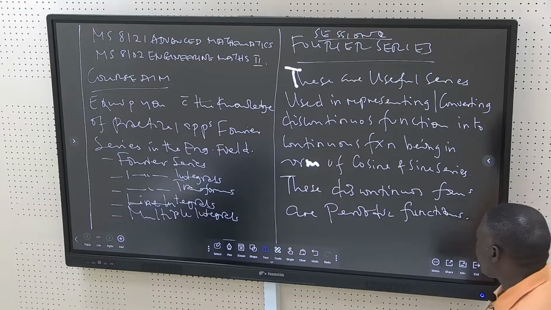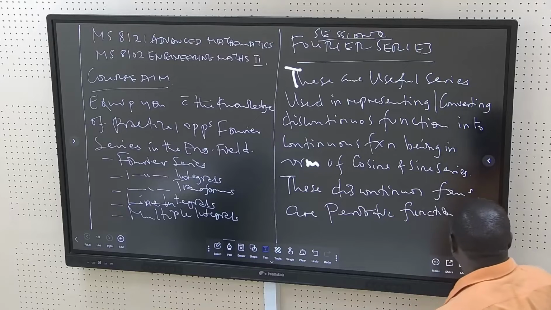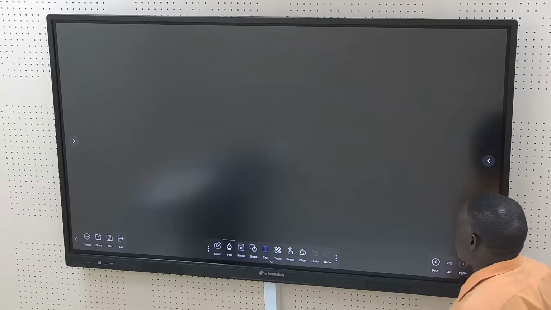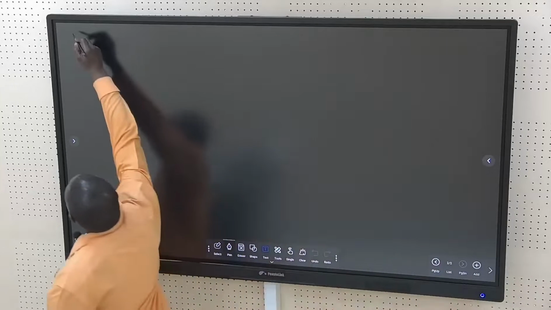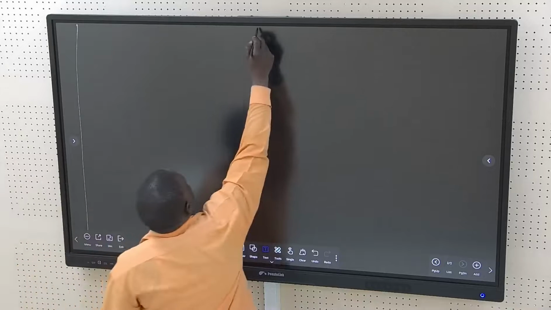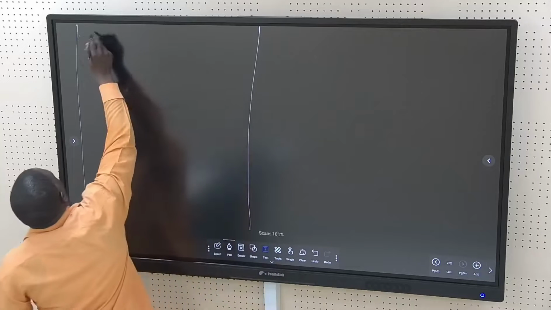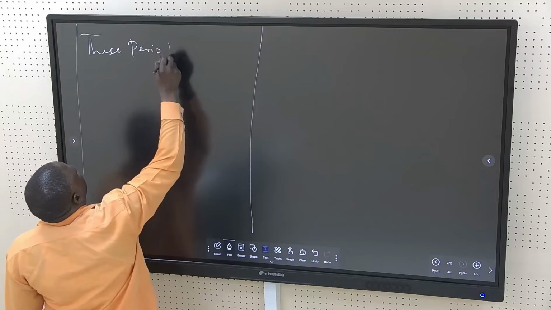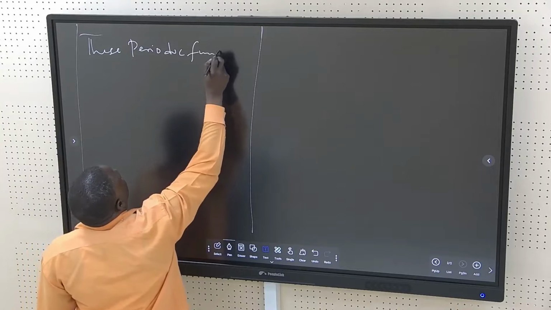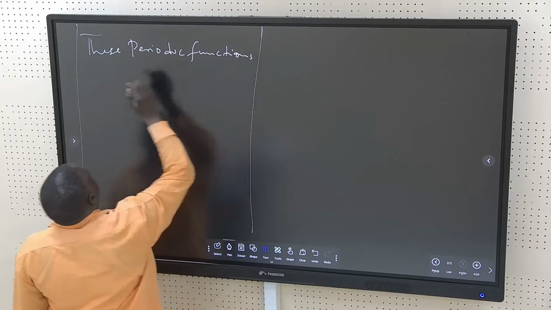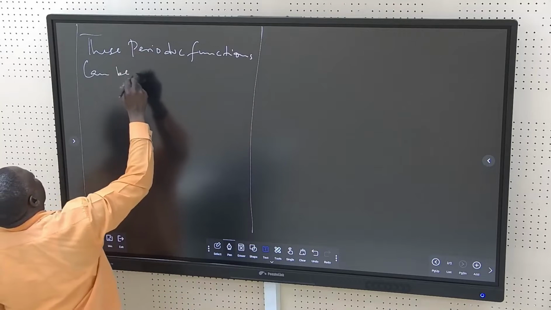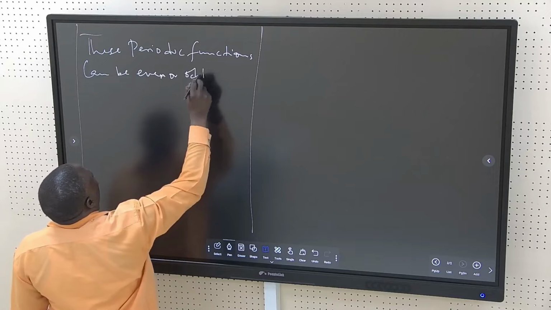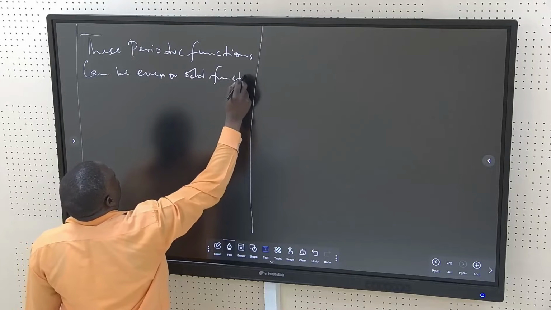These periodic functions can be even or odd functions.